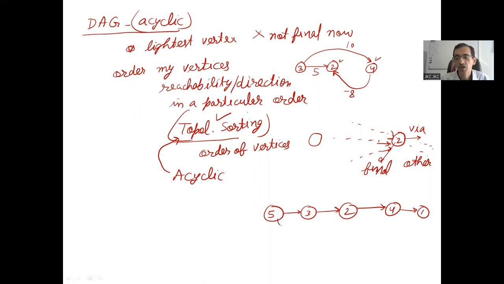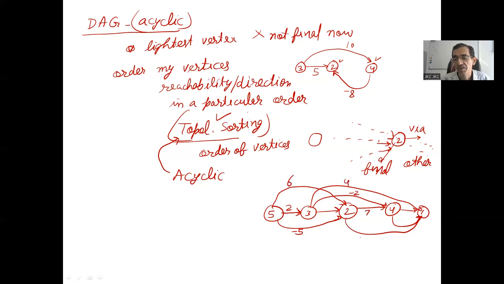So there could be a lot of connections like this, like this, like this. But let's say this weight is 2, this is -5, this is 6, this is 4, this is -2, this is 7, this is -1, this is 6, this is 5, anything like that.